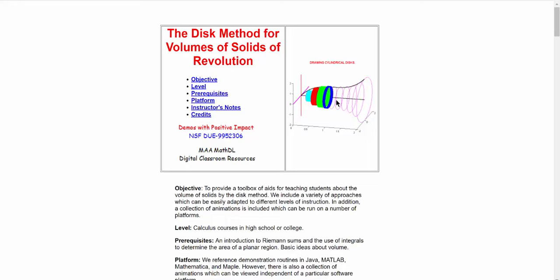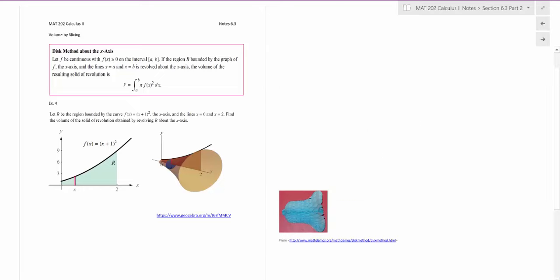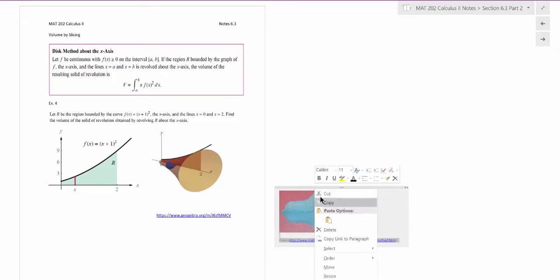So you notice these cross sections are disks, and the disks have a certain width to it, but we can make that infinitesimally small. So that's what the idea is. Those are a couple of visuals that hopefully will help you a little bit to get a good understanding.